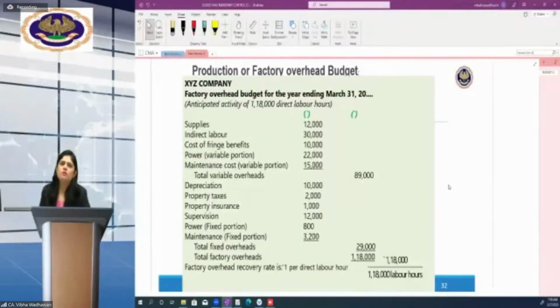So how do we absorb the overheads? On the basis of labor hours or machine hours, or a combination of any other basis, prime cost or the works cost. So here we have absorbed on the basis of labor hours. So total factory overheads divided by total labor hours will give the factory overhead absorption rate. All right. So similarly, we can make it for selling and distribution and office and administration also.